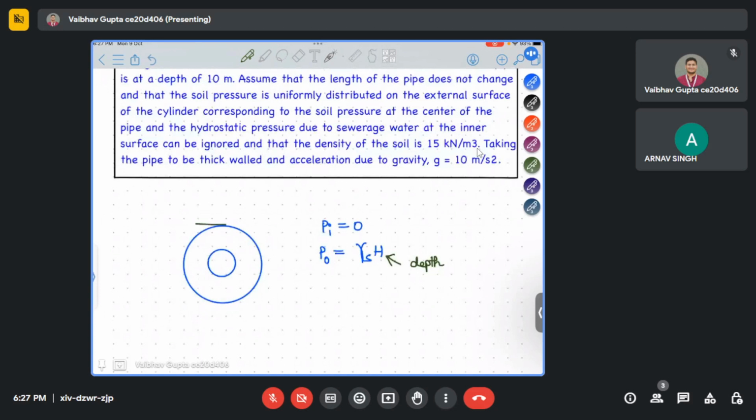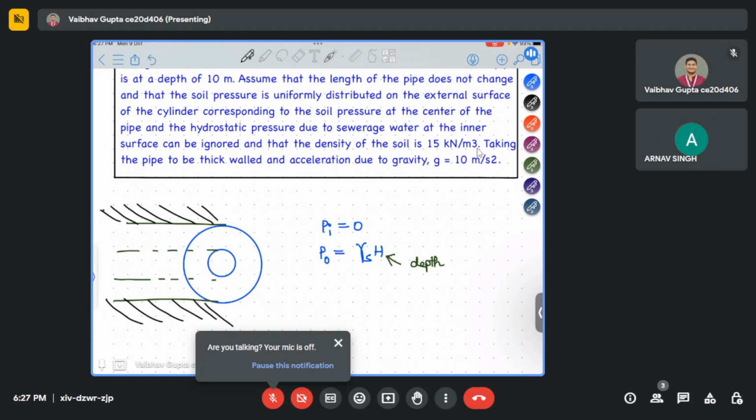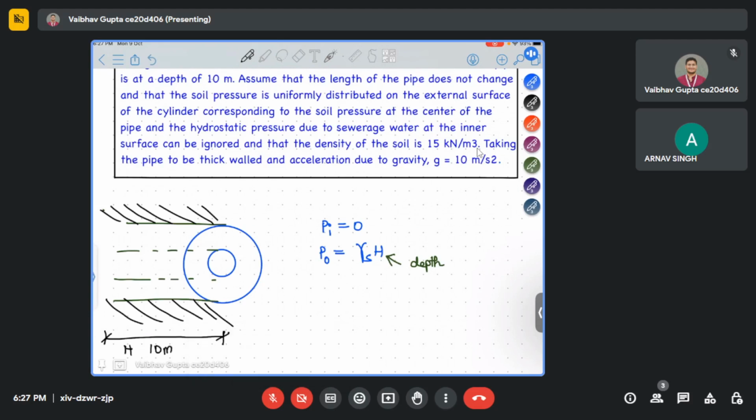Suppose the pipe is like this, buried under the soil, and above you have soil. Uniform pressure is applied along the length, and this height is given to us as 10 meter. I am representing it in a horizontal way, vertically also the same thing is there. Soil pressure will be there on both sides for the height of 10 meter. And what is the density?